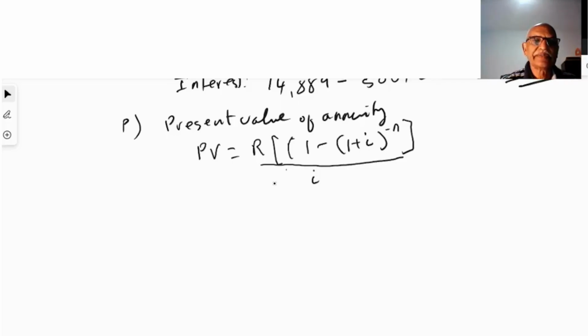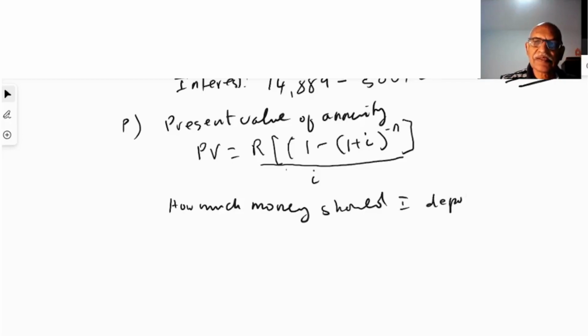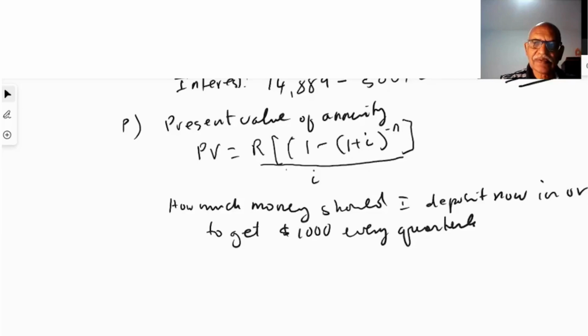Now let's see an example of this one. Let's say, how much money should I deposit now in order to get $1,000 every quarter for 20 years at 6% compounded quarterly?